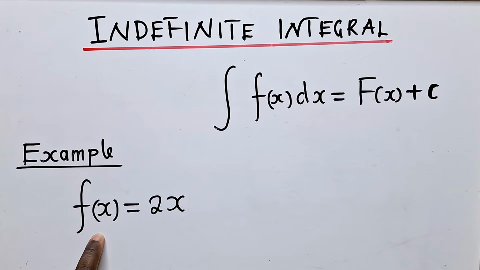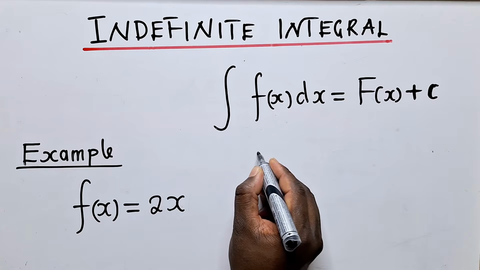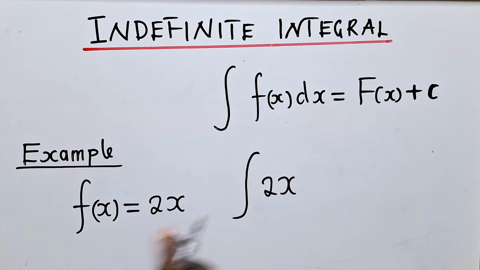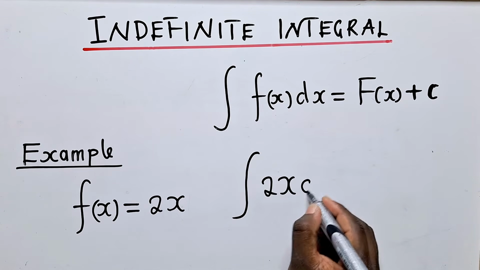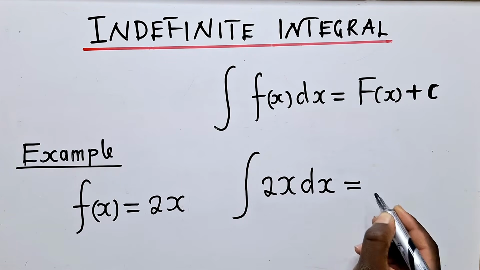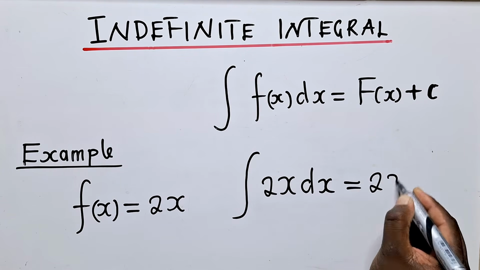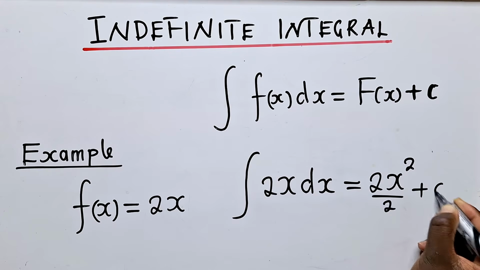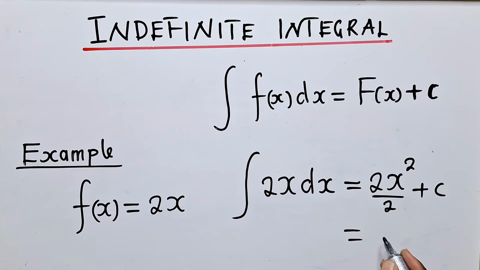Let's jump on this so that we get to understand what it means when we say indefinite integral. Here, they'll ask you to find the integral of the given function, 2x, with respect to x. Basically, what you're going to do is say 2x power 2 over 2 plus c, which is equal to x power 2 plus c.